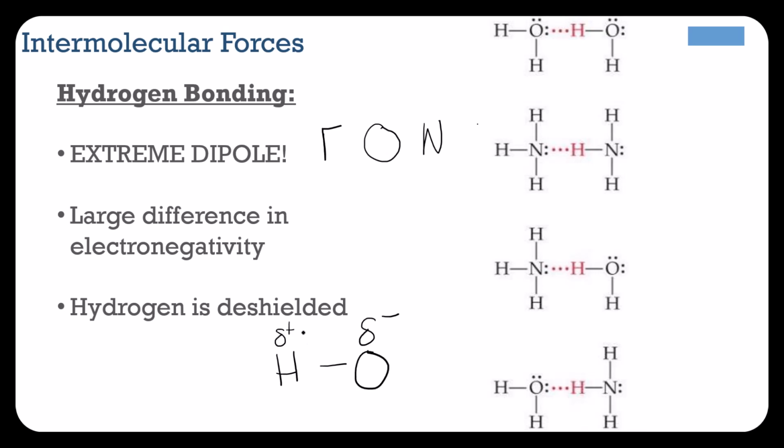So remember, the electrons are being kind of pulled this way or hogged that way. So hydrogen has one electron. So that one electron that hydrogen has is being pulled towards the oxygen. He doesn't have any other electrons to kind of balance that out. So all that's left with this hydrogen atom, if the electrons are being pulled towards the oxygen, all that's left in this hydrogen atom is a proton, right?